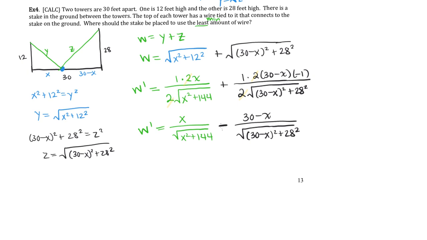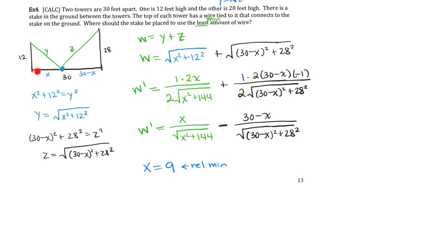I will put a picture of my graph here in a second, but when I graph it, I can find that at x equals 9, W prime is changing from negative to positive, so it represents a relative minimum. Because it's the only critical point and it represents a relative minimum, it's actually the absolute minimum. You might have to change your window a little bit, but you're going to stare at it and see what it looks like.